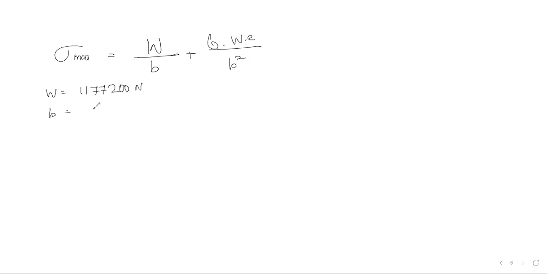Next we should move on to the maximum stress and minimum stress. Maximum stress sigma max is equal to W by B plus 6 into W into E divided by B squared. Whereas W is equal to 1,177,200 Newton, B is equal to 8 meter, E is equal to 0.456 meters.